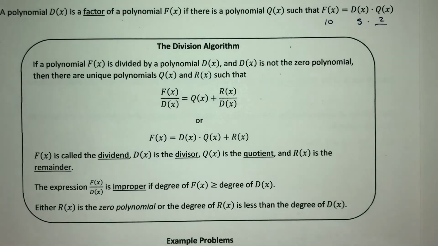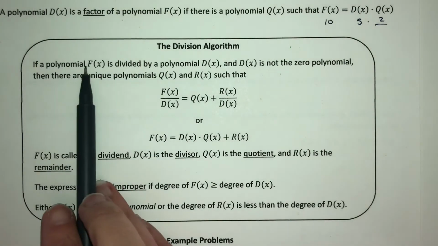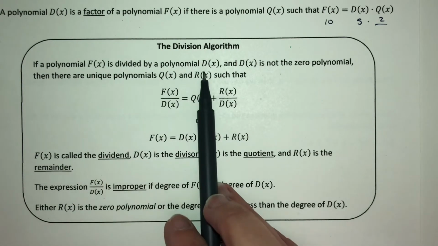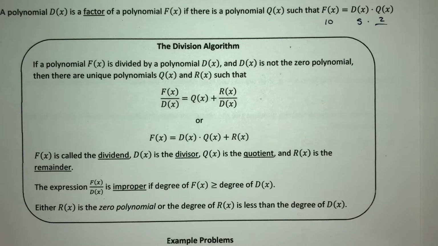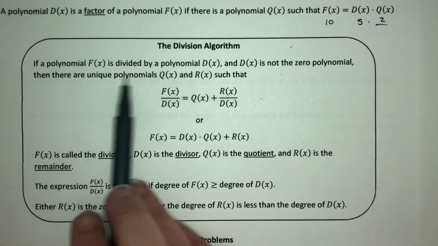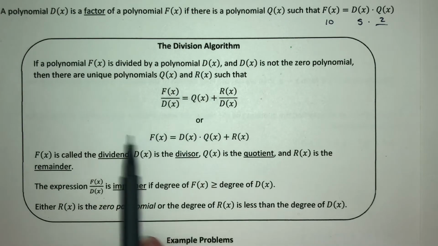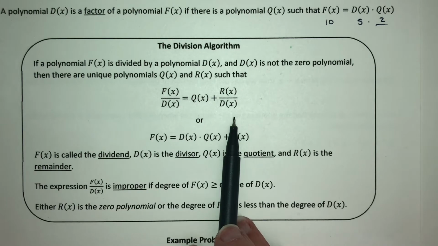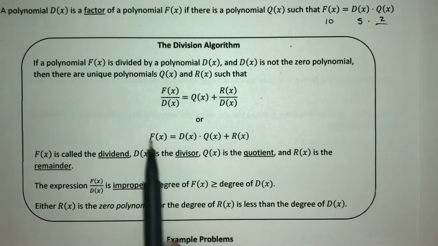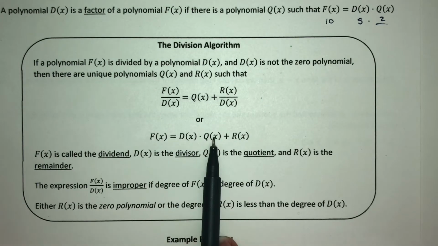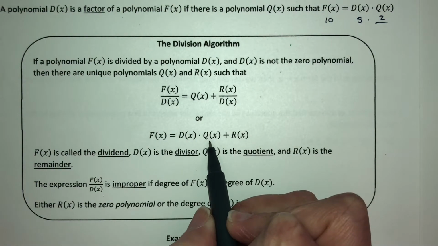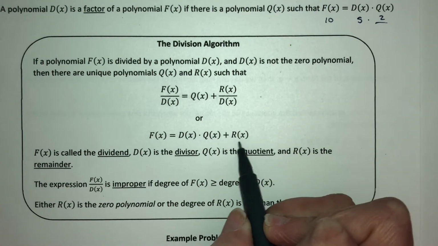The division algorithm. If a polynomial is divided by a polynomial and the polynomial is not 0 because we can't divide by 0, then q of x and r of x are unique, and you can get an answer that looks like this, or you can write it like this, where f of x is equal to d of x times q of x plus r of x.